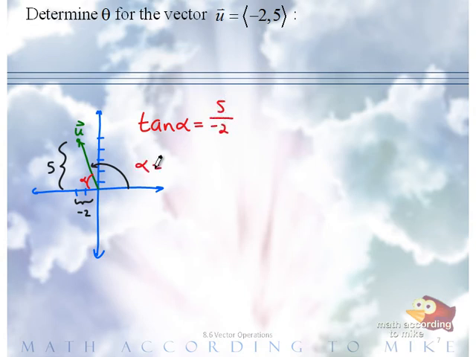So that means alpha would be the tangent inverse of -5/2. In degrees, what is the tangent inverse of -5/2? What is the tangent inverse of -5/2?